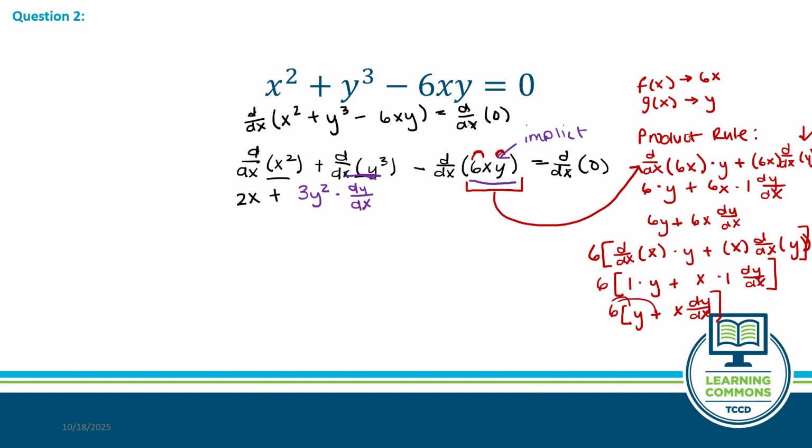And then I would just have to redistribute the 6. So it'd be 6y plus 6x dy/dx. Both work. Both are totally okay to do. I just like working better with x and y. I think it's a little bit easier. But to be fair, sometimes I do forget. So if it doesn't work for you, don't do it. It's totally cool. 6y plus 6x dy/dx.